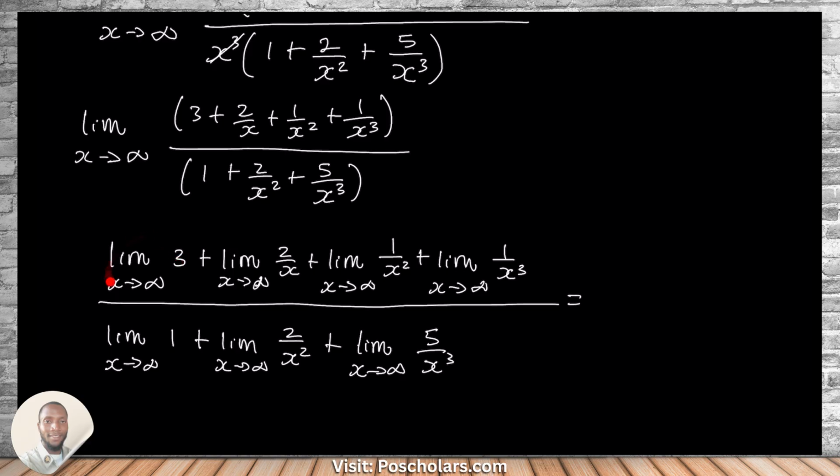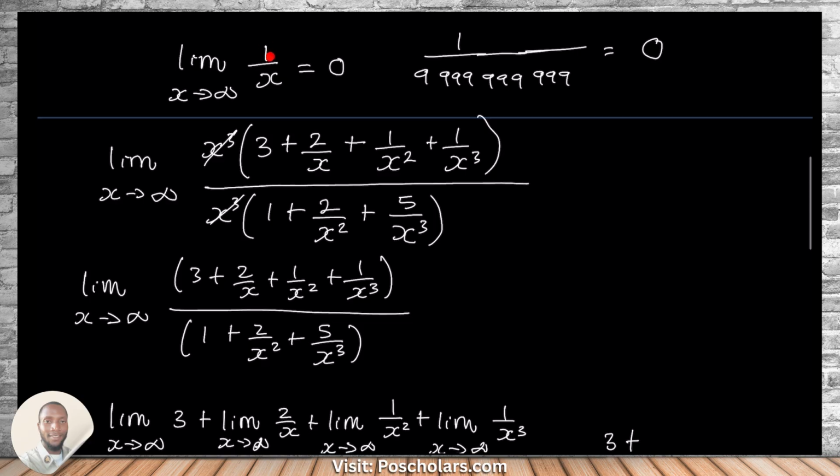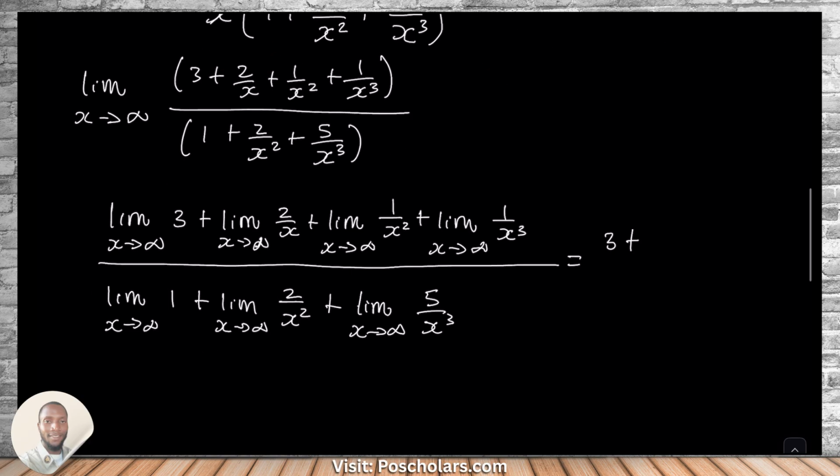The limit of a constant is still the constant, right? So this becomes 3, plus, remember we have agreed that the limit of 1 over x as x tends to infinity is what? 0. Now you will see that there is a 2 here. So 1 over x becomes what? 0. Then 0 times 2 also becomes what? 0.